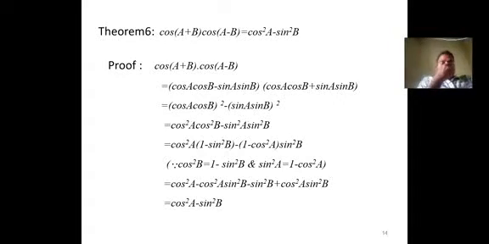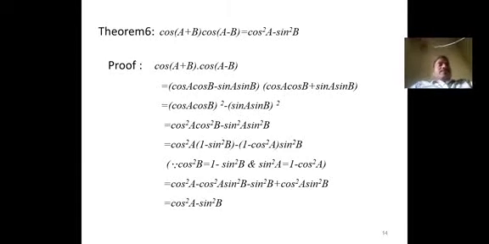Or you can write sin square A as 1 minus cos square A and sin square B as 1 minus cos square B. Then you get cos square B minus sin square A. Here, the product of cos of A plus B into cos of A minus B has the combination terms, one is cos term and one is sin term. Difference of cos square minus sin square. So whatever the term A or B, first cos, next sin.